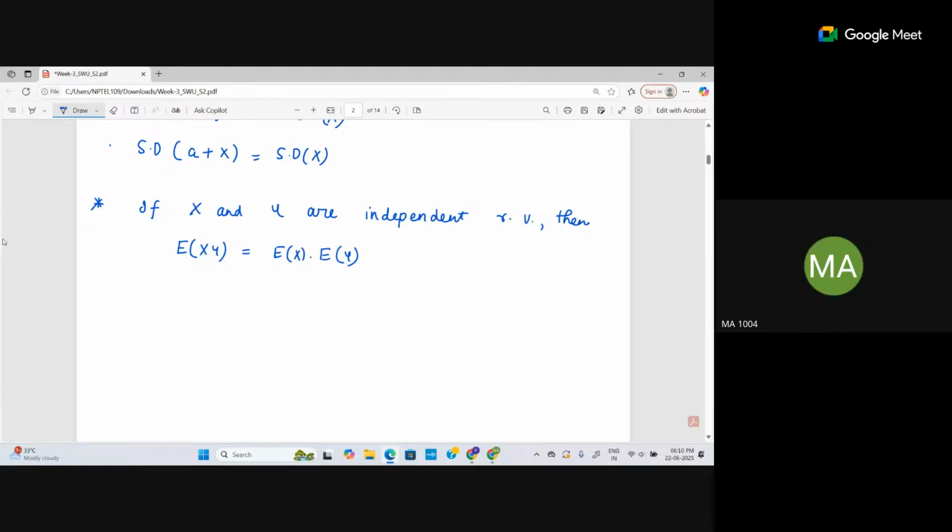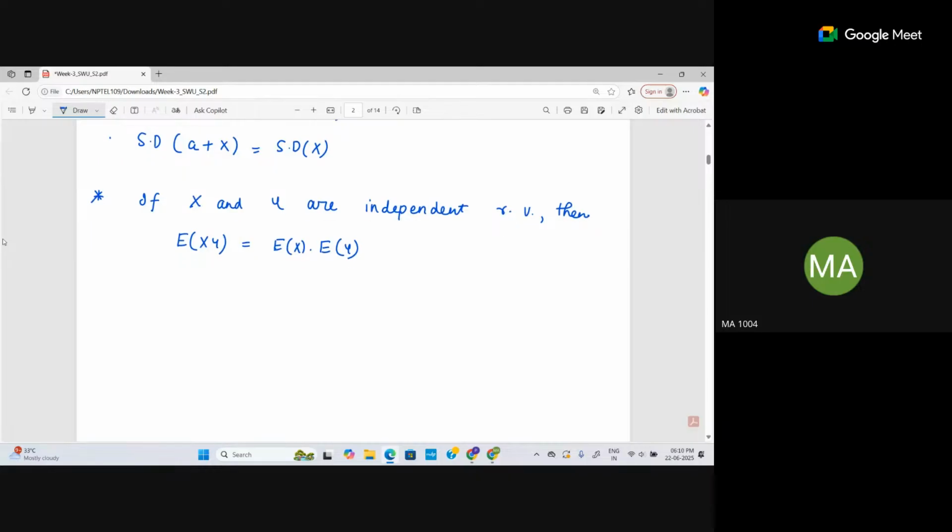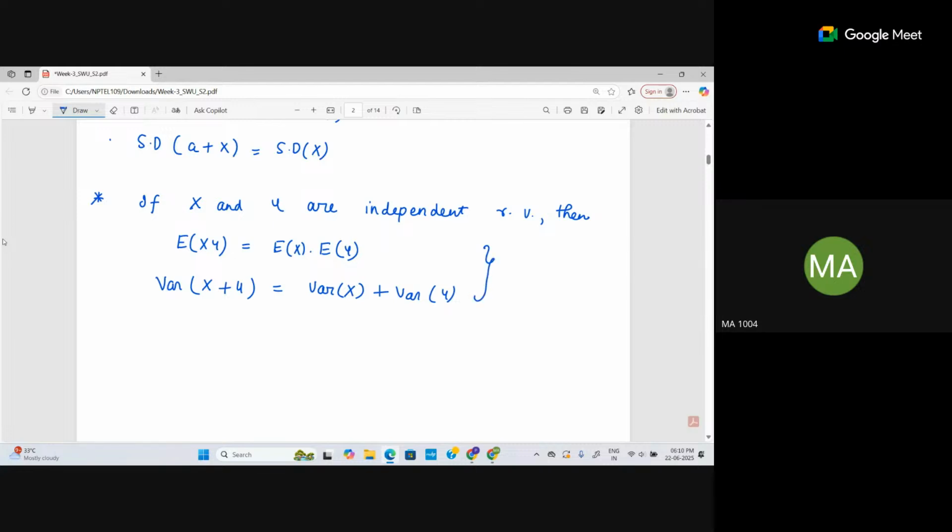And in that case the variance of x plus y will be equal to the variance of x plus variance of y. Okay, so always remember these two conditions are correct when x and y are independent random variables. In that case only; if they are dependent, then these will not be correct.